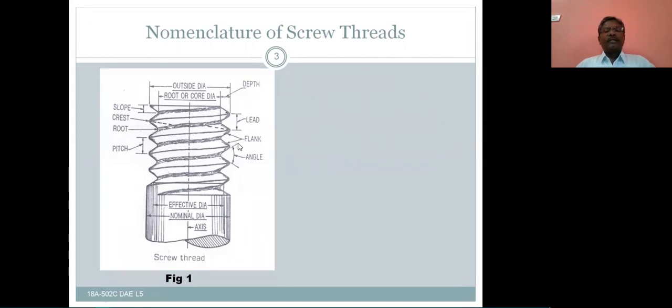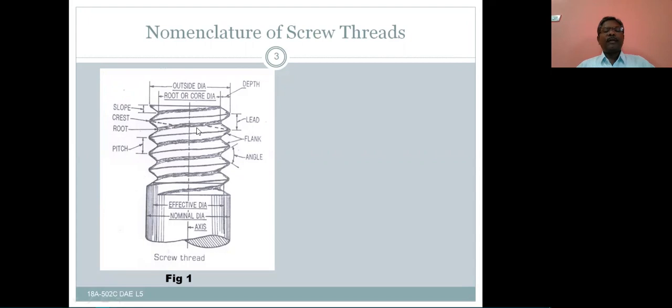Now here you can see the thread angle, which is made between the two flanks, and this inclined surface is called the flank, and this is called the slope.